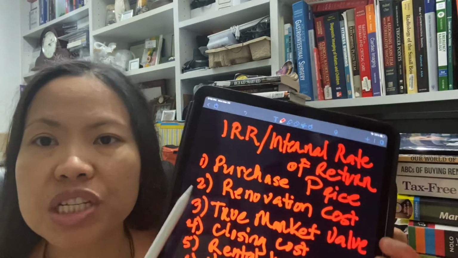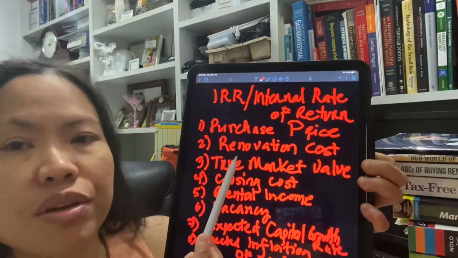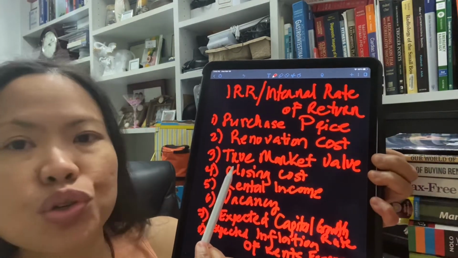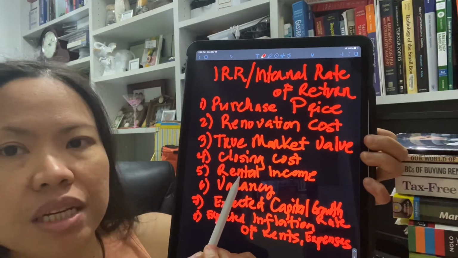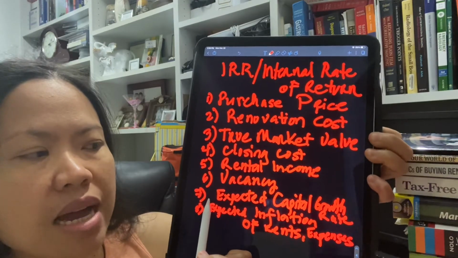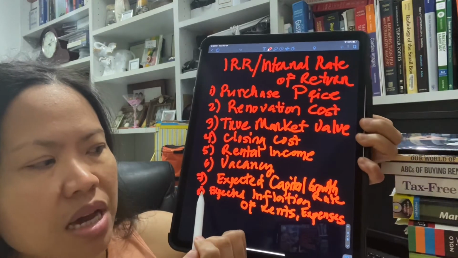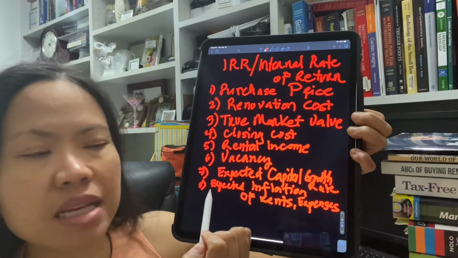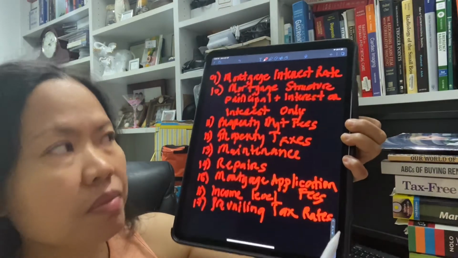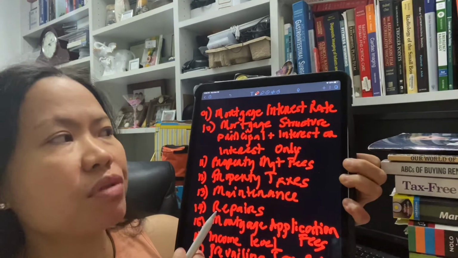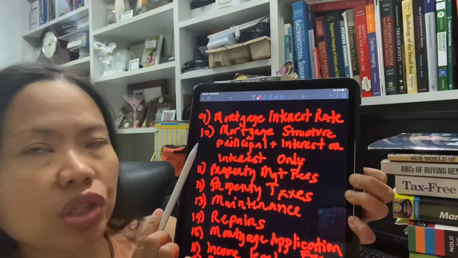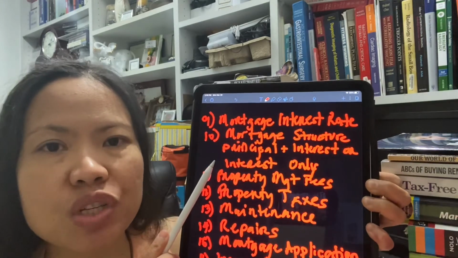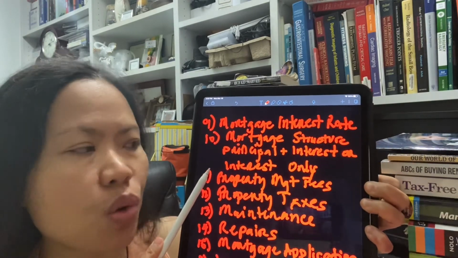Now it looks at the purchase price, the renovation costs, the true market value, the closing cost, the rental income, the vacancy, the expected capital growth, the expected inflation of rents and expenses. The internal rate of return also looks at your mortgage interest rate, your mortgage structure, whether it's principal and interest payments or interest-only payments.